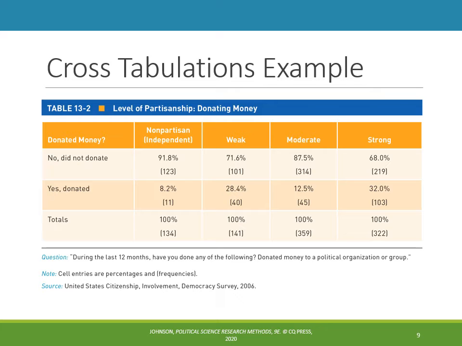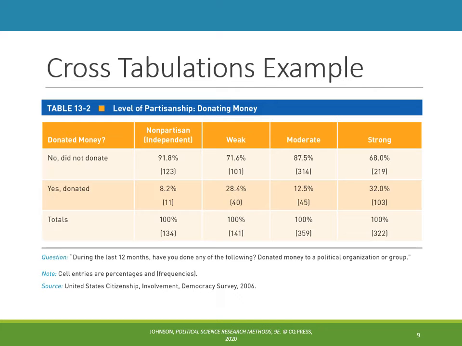So if we look at this chart and we go down, we'll see that when it comes to donating money, people who have a strong party identification, about 32% of those people reported donating, and that's about 103 people, which is high.